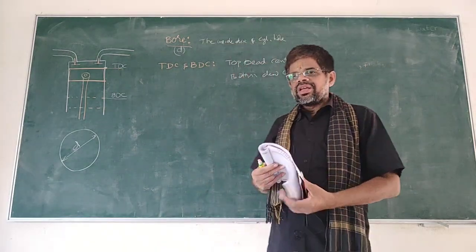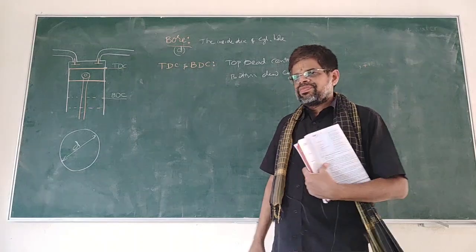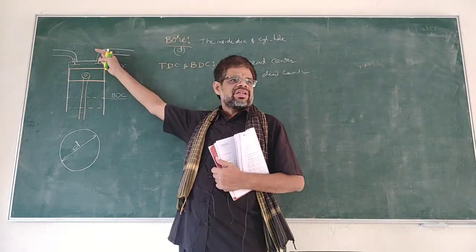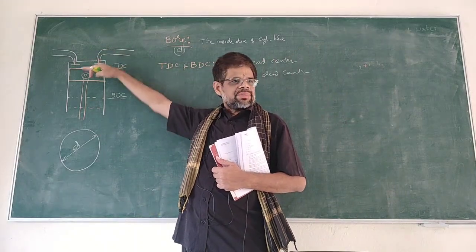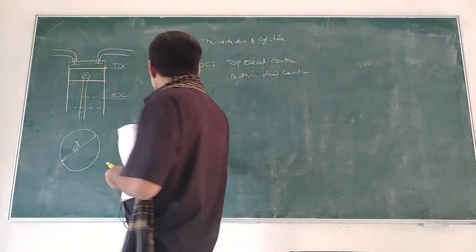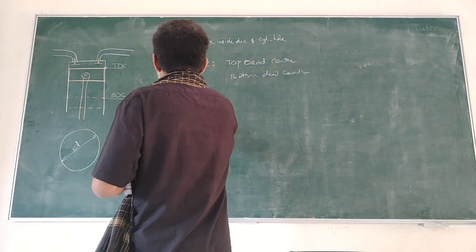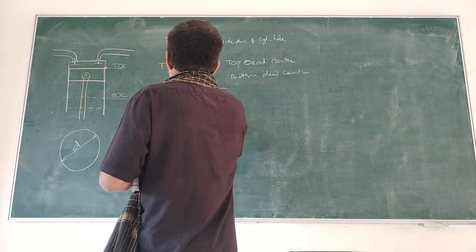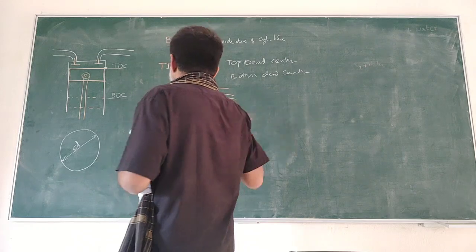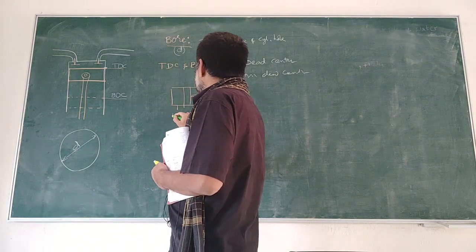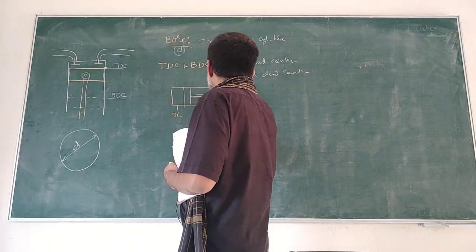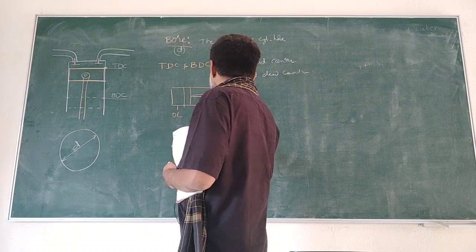If you take a horizontal engine, since this is a vertical engine, you say top and bottom. But if you take a horizontal engine like this, here this is one dead center and this is another dead center.